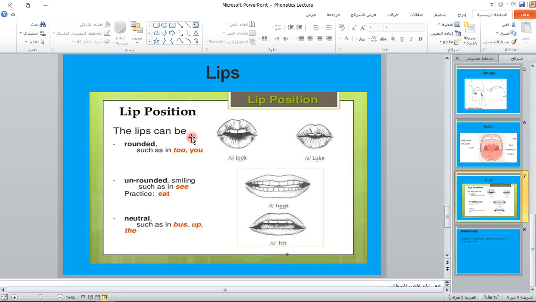For additional information, as in the figure of lip positions, the lips can be rounded, such as in to, you, and spread, such as in see, eat, free, speak, and neutral, as in pass, up, they.